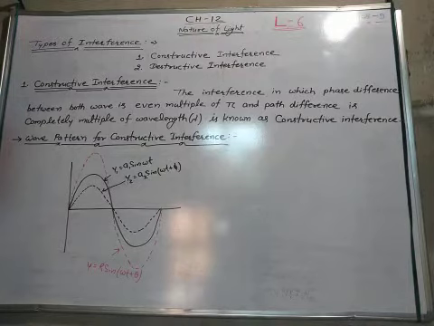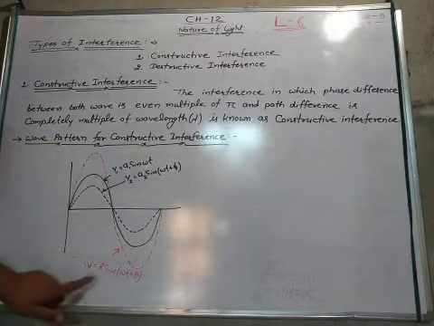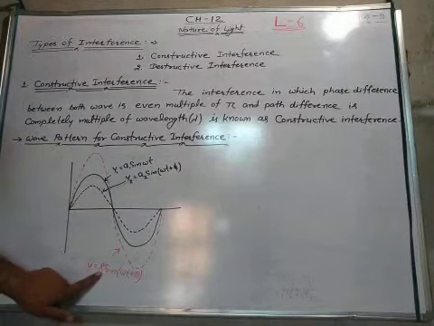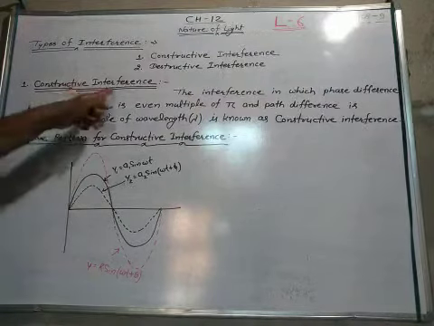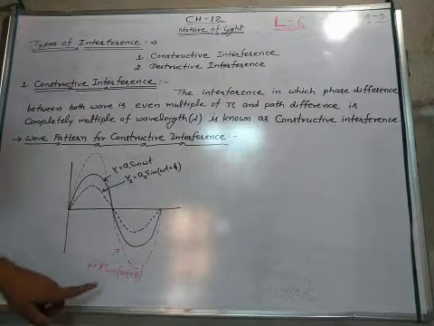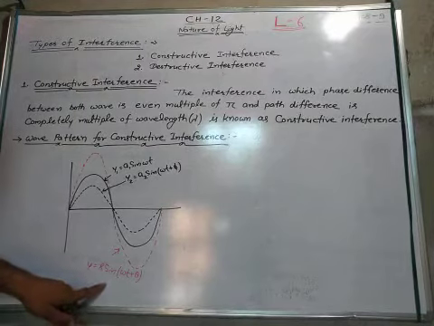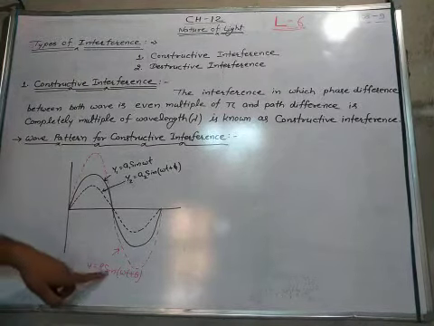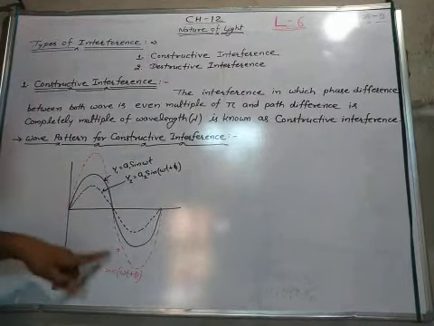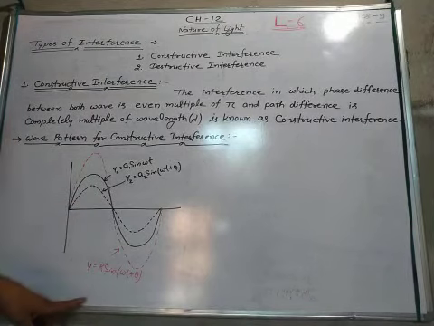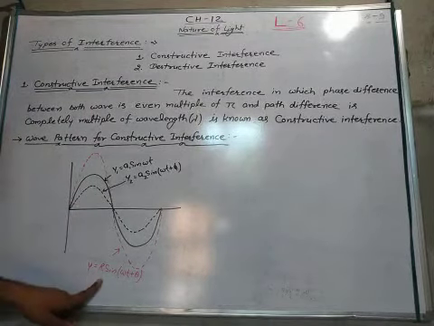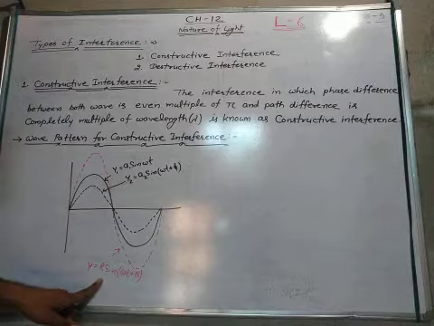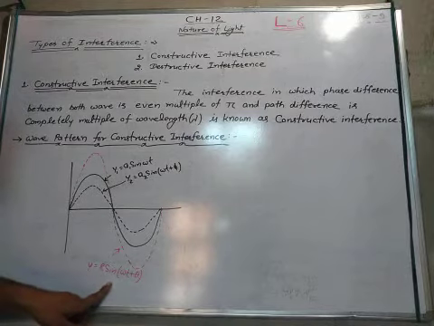After this, we study the amplitude of the resultant wave of constructive interference. For this resultant wave we will study three quantities.